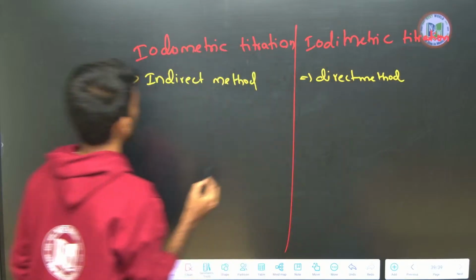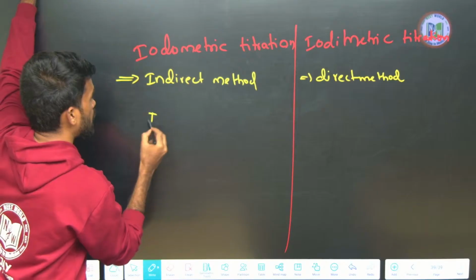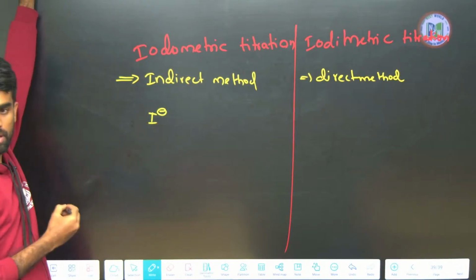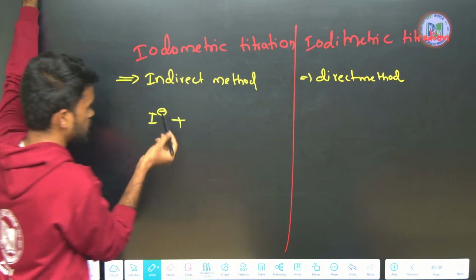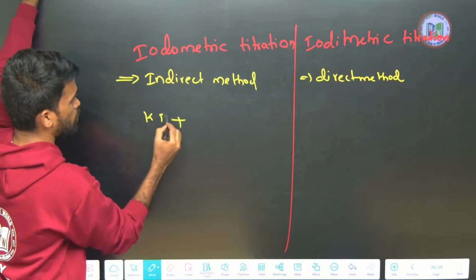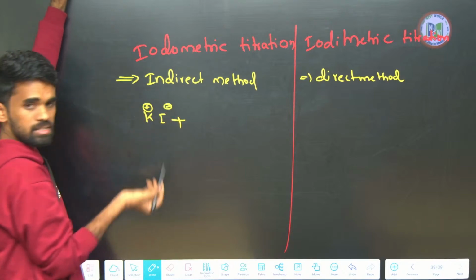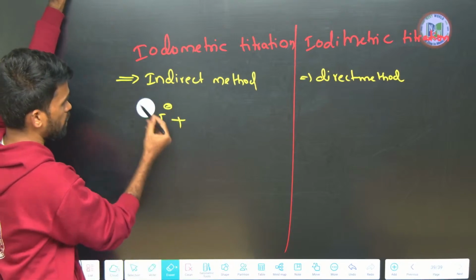First of all, iodometric means here we will be using iodide ion, something like KI solution, K plus, I minus. So this is what we are using here.